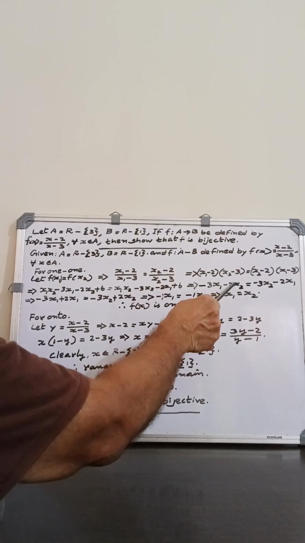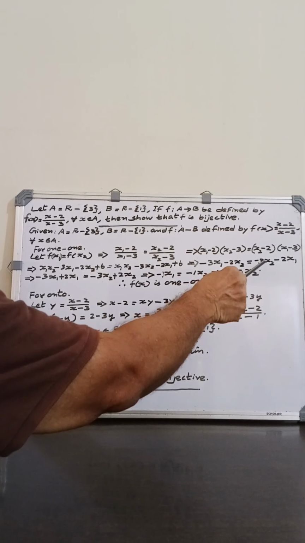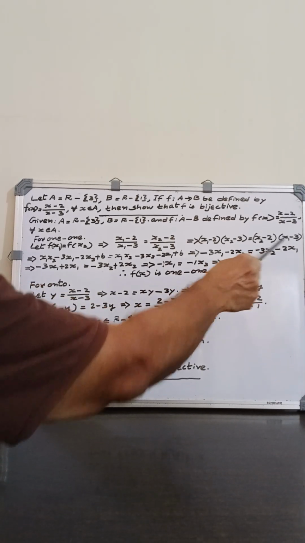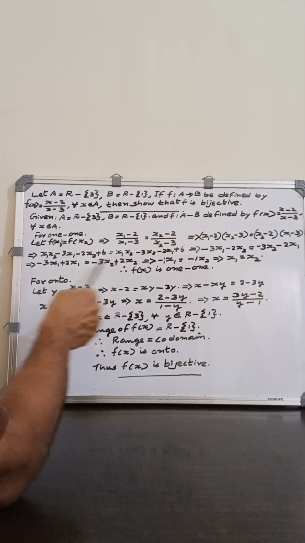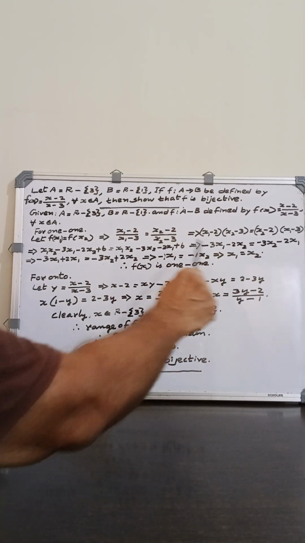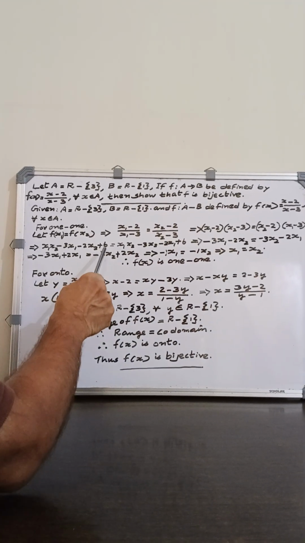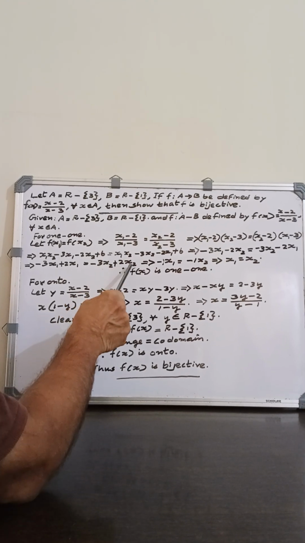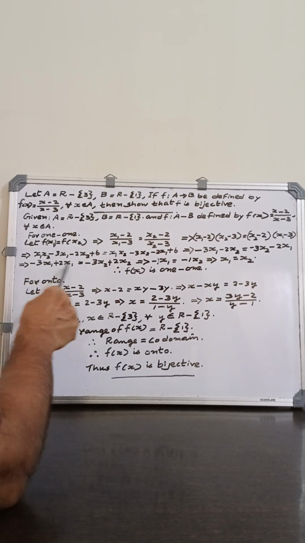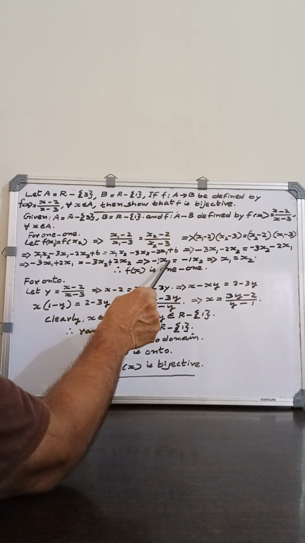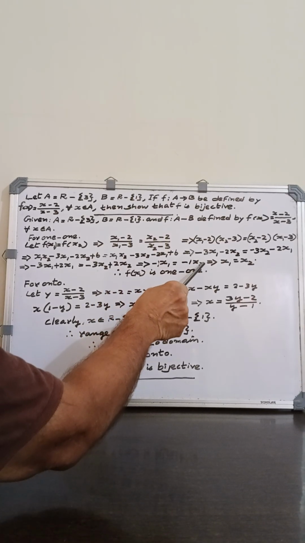−3x1 − 2x2 equals −3x2 − 2x1. Transposing the x1 terms to the LHS, −3x1 + 2x1 equals −3x2 + 2x2. Therefore, here results −x1 equals −x2.